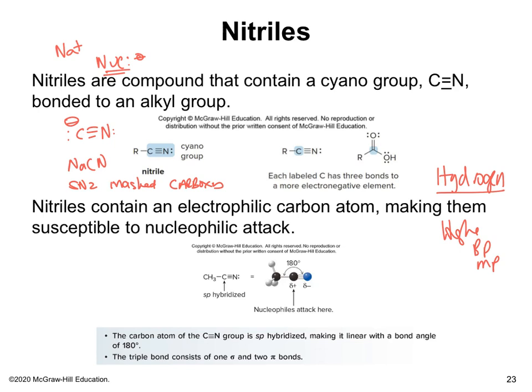But what's nice is you can add acid and heat, kind of water and heat, and you can convert the nitrile group to a carboxylic acid. And this is sp hybridized, and nucleophiles will attack at that delta positive carbon.